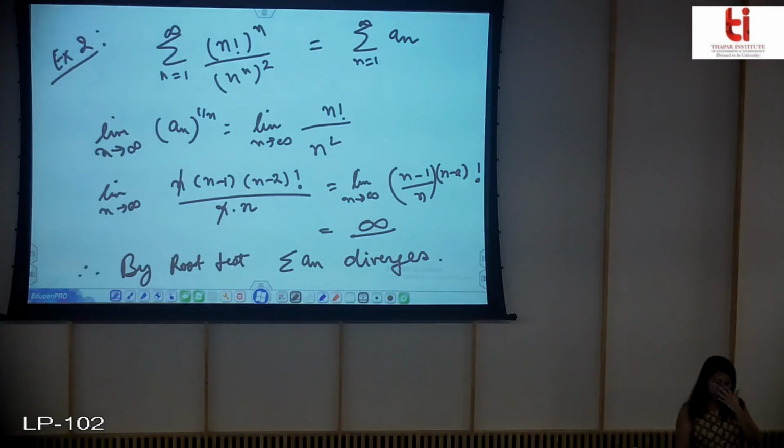Now I hope this is clear, and if you get k equal to 1 in the root test also, the test becomes inconclusive, and then you have to look for another test to find the convergence and divergence of the given series.